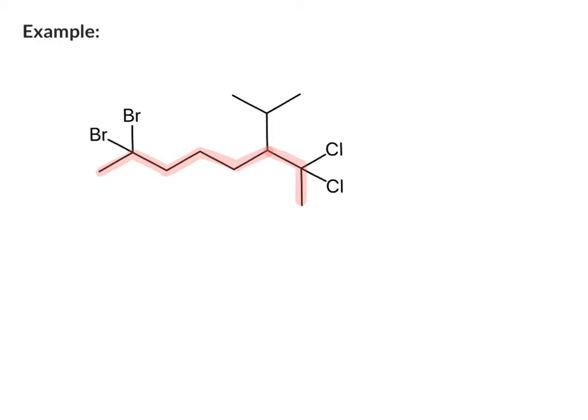Versus if I start here on the right, I have the 2 things at carbon 2, 1 thing at carbon 3. So that's a better numbering scheme. 8 carbons is octane. Let's go through and identify our substituents.